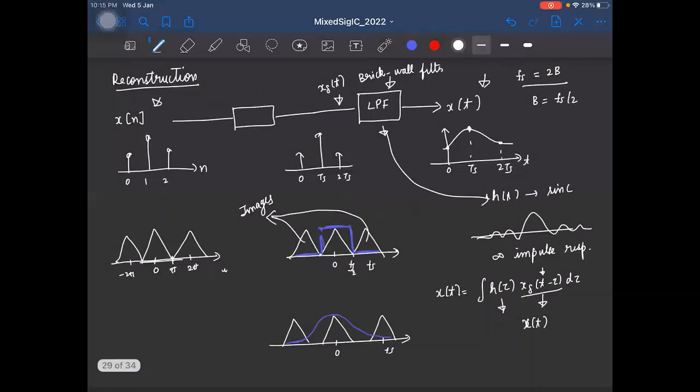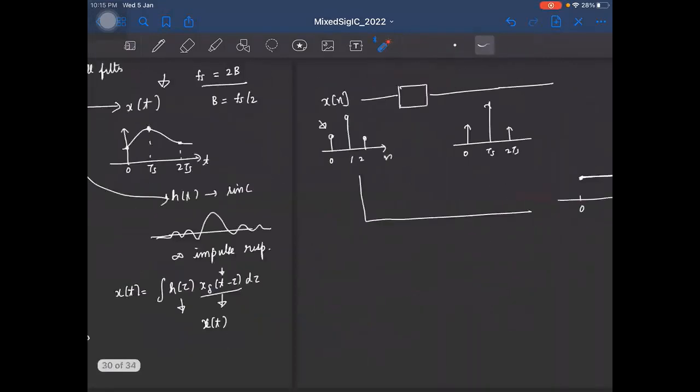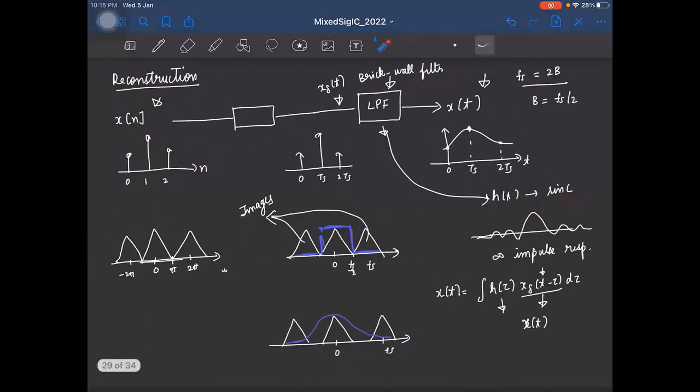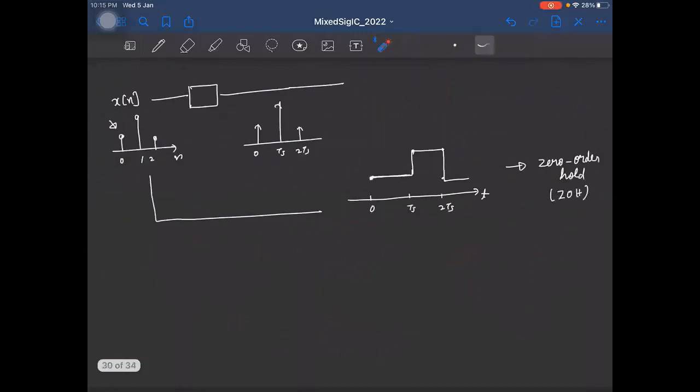This is unlike the ideal case where this brick wall filter, that is the sinc impulse response filter, was using the input samples from the previous time instances to reconstruct the current output sample. So essentially, this one had an infinite memory, right? So we can think of it as an infinite order. But here we are not using any memory. We are only using the current input sample and holding it throughout. So essentially it has zero memory. So we call it zero order.